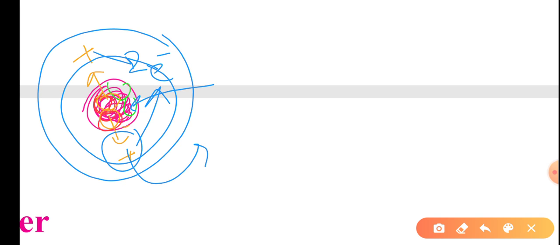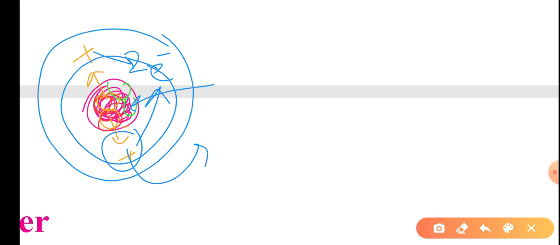What is the nuclear force of attraction? It is a force exerted by protons on the electrons to attract and hold the electrons together in the particular atom. That is the nuclear force of attraction.